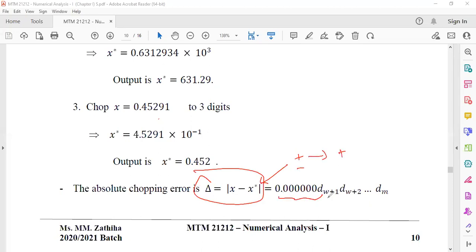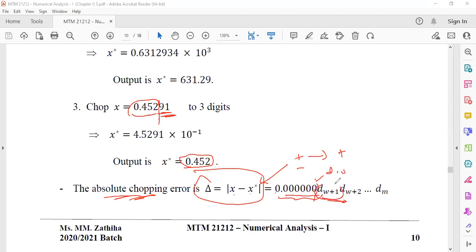So x minus x star for the absolute chopping error: up to some digit you will get 0, because you will get the same. For example, until the third digit, you will have the same. See, this one and this one are the same. Only after this one it is changing. So that's what they say. Up to the dw digit, it will be 0.0000.